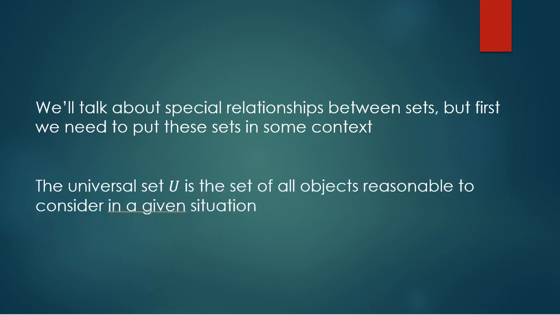You can have two sets, A and B, and these guys are typically subsets of some universal set, some massively large set, which we call U. And U is the set of all objects reasonable to consider in a given situation. Very, very common in the world of mathematics, the universal set is the set of all real numbers.